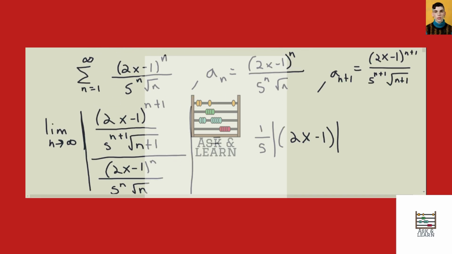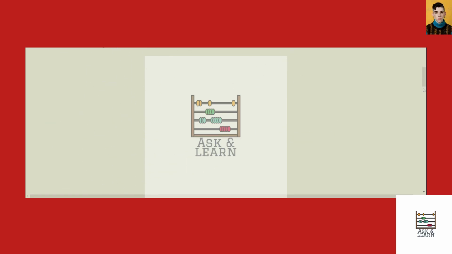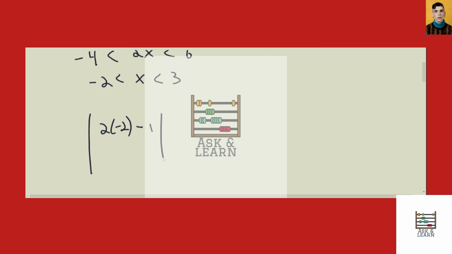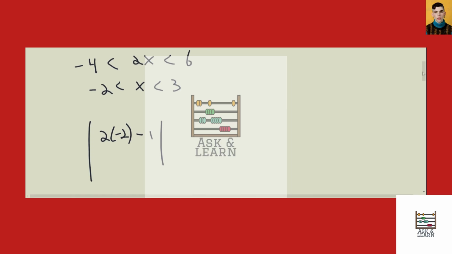We've got 2x minus 1, and we're setting our x to be equal to negative 2.